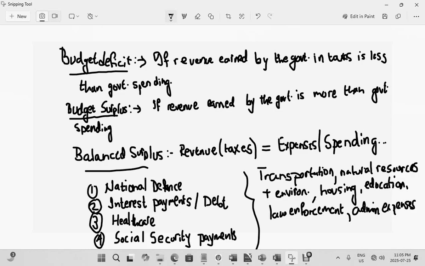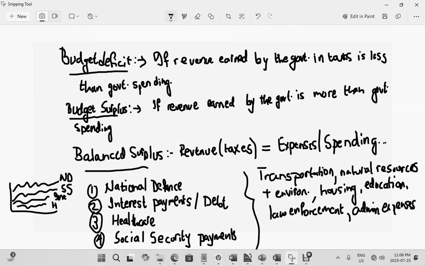For example, in some countries such as the US, national defense may have the highest spending, then you have social security payments, then interest maybe, and next you have healthcare.